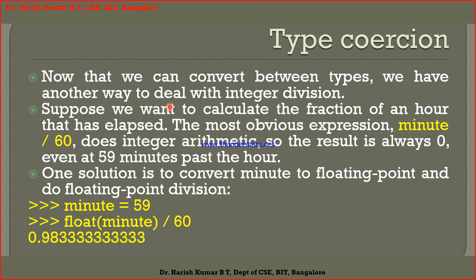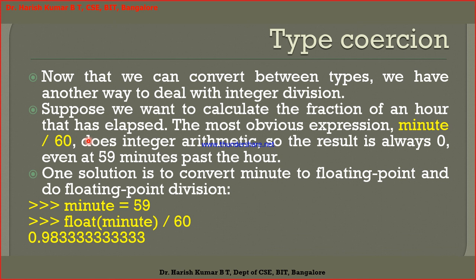To understand type coercion, this is the example I'm taking. Suppose I want to calculate the fraction of an hour that has elapsed. What will I do? Number of minutes divided by 60. For example, it is now 30 minutes, and I want to tell that in terms of hours.